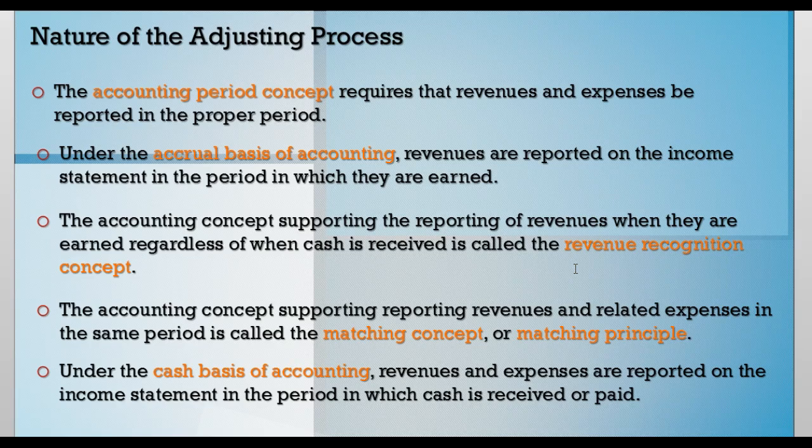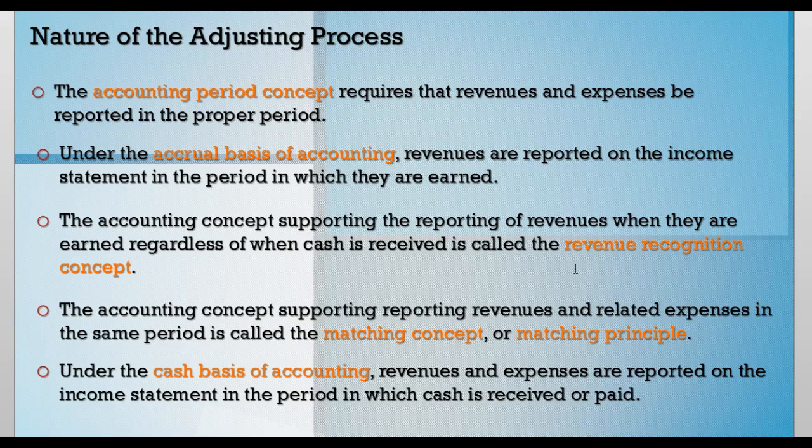Now, once you have the revenue, if I have the correct revenue, I also have to have the correct expenses. And that is called the matching concept or the matching principles. So that means whatever revenue I have in there, whatever expenses I incurred while creating that revenue or providing that service also needs to be matched against the revenue.